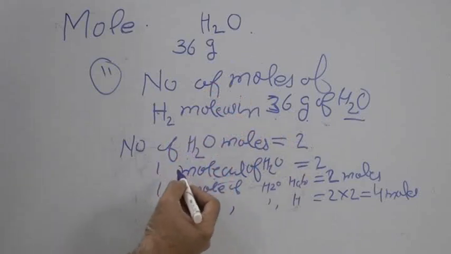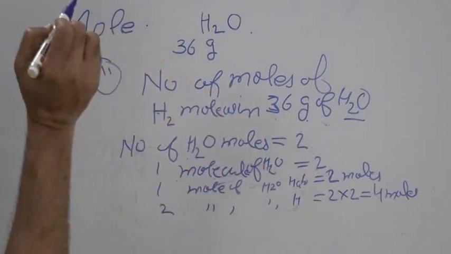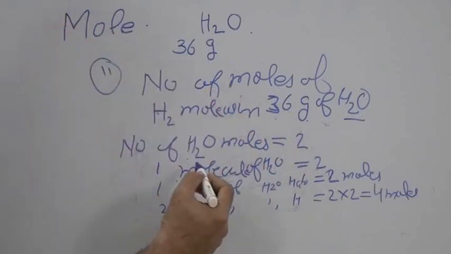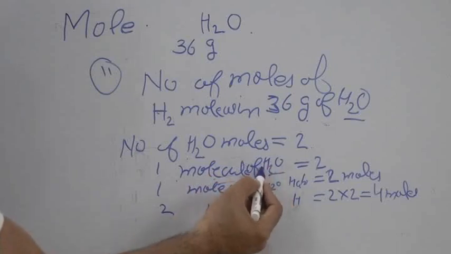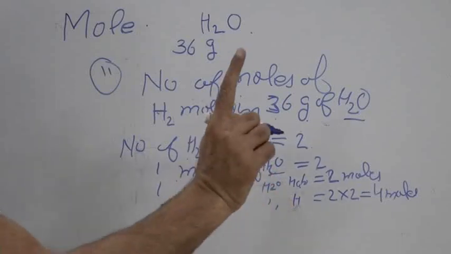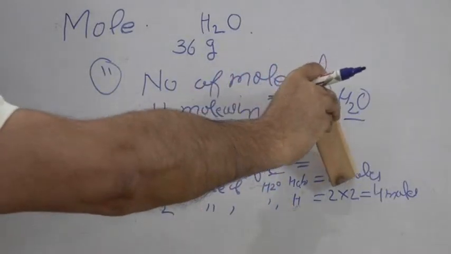And one molecule of water contains how many molecules of hydrogen? 1. H2 forms the one molecule. Therefore it comes out to be 1.